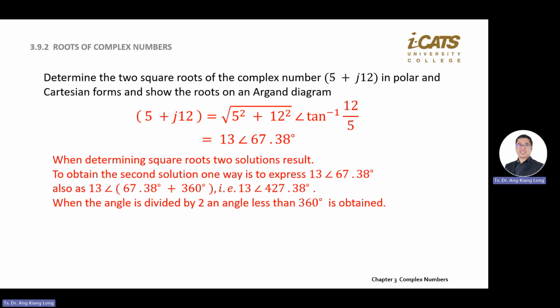The real part is still there, but you have another root in another dimension. So you have an angle of 67.38. Another answer: you need to add 360, which gives 427.78.